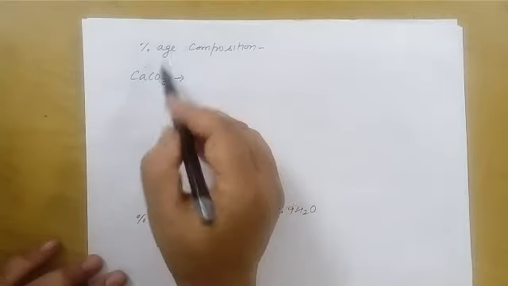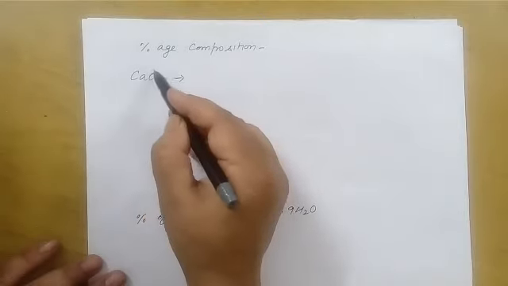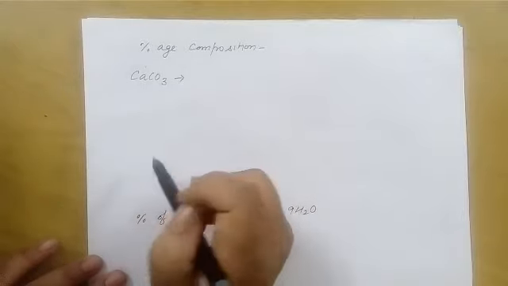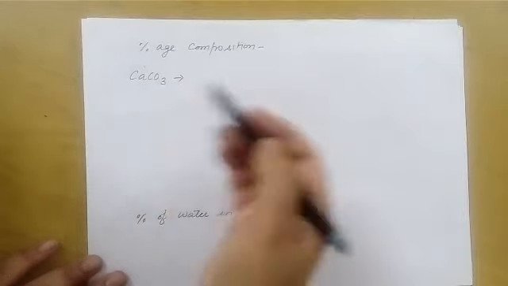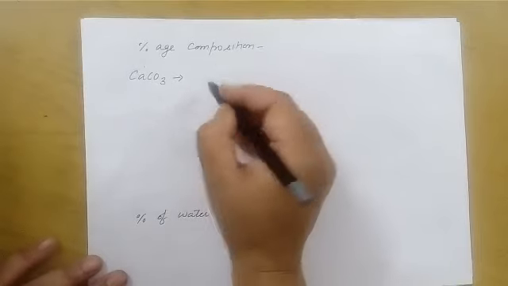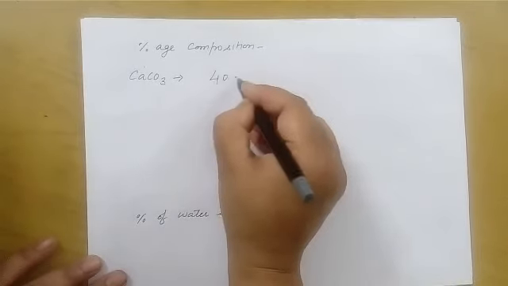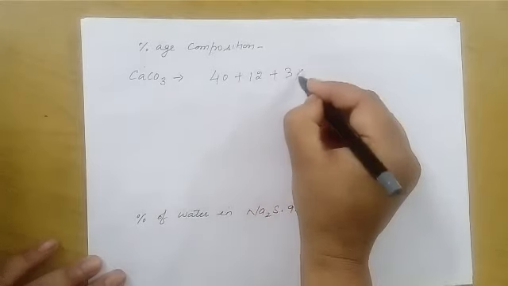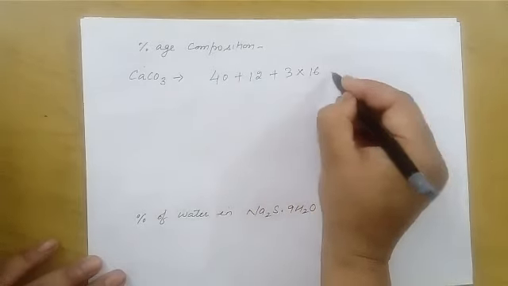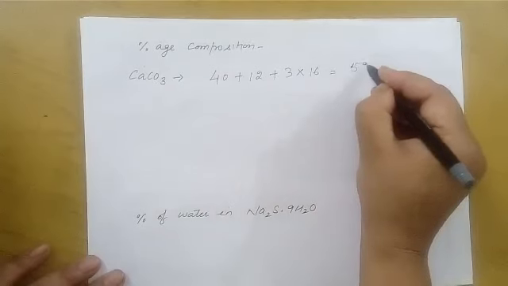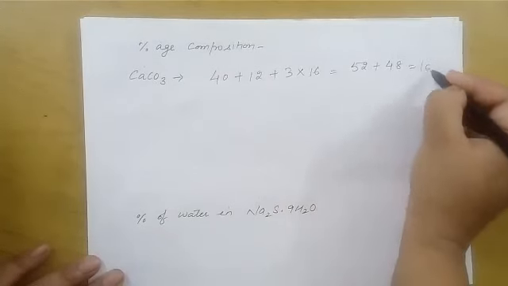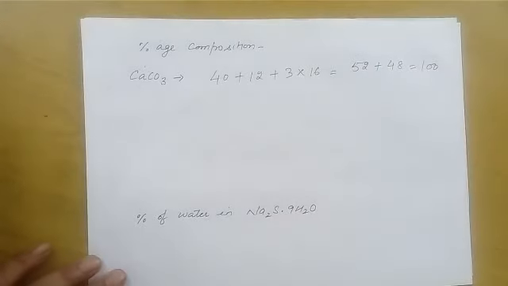If we want to find the percentage composition of calcium, carbon and oxygen in one molecule of calcium carbonate, for this you have to first of all find the molecular mass. So we have 40 plus 12 plus 3 into 16, 52 plus 48 comes as 100.